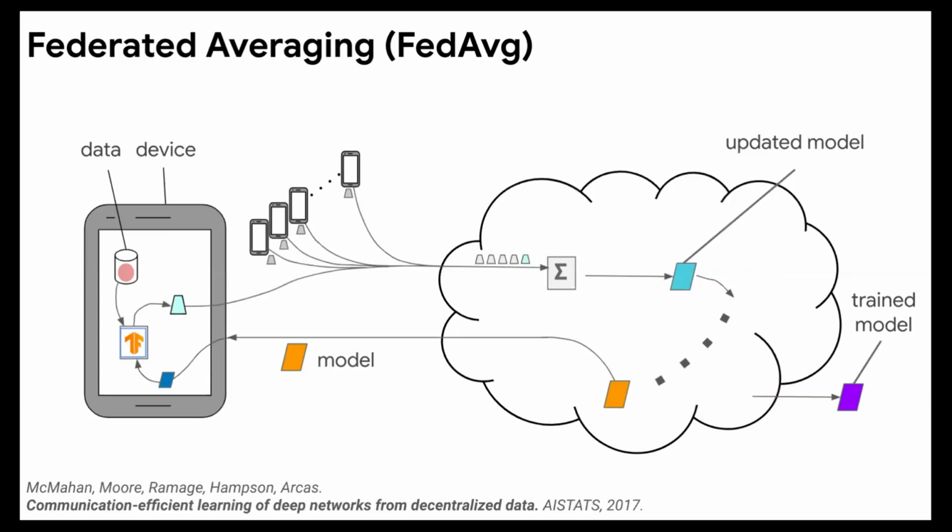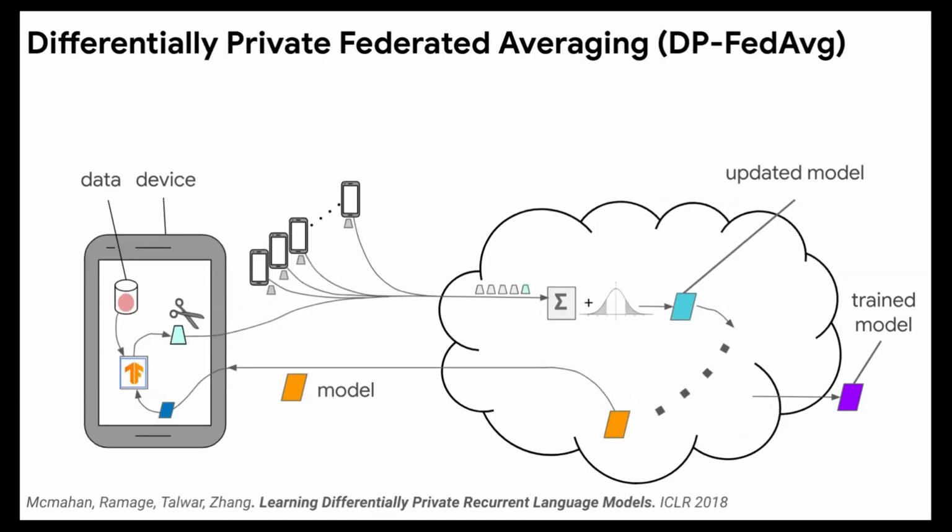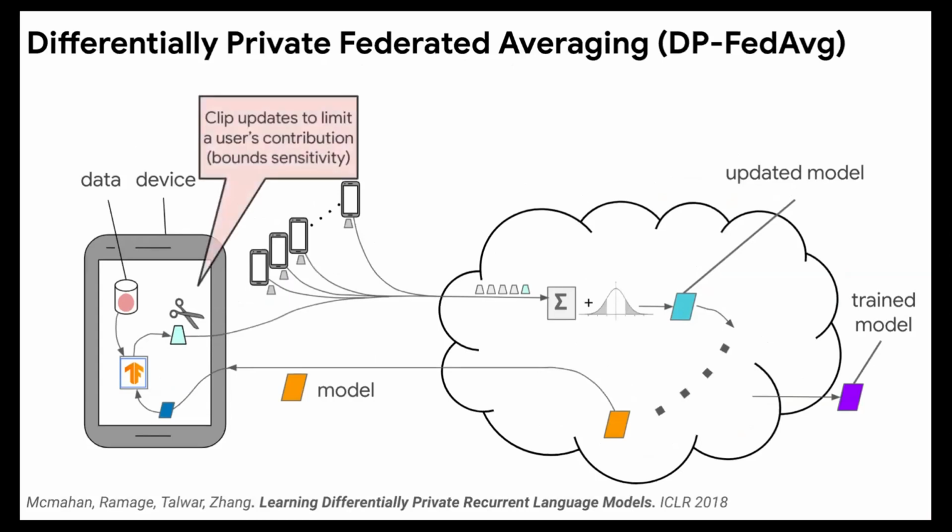There are various variants of the federated averaging algorithm, and what we consider here is differentially private federated averaging. The main algorithm is similar, but you make two changes. One is that before clients send back their updates, they limit each user's contribution by clipping.